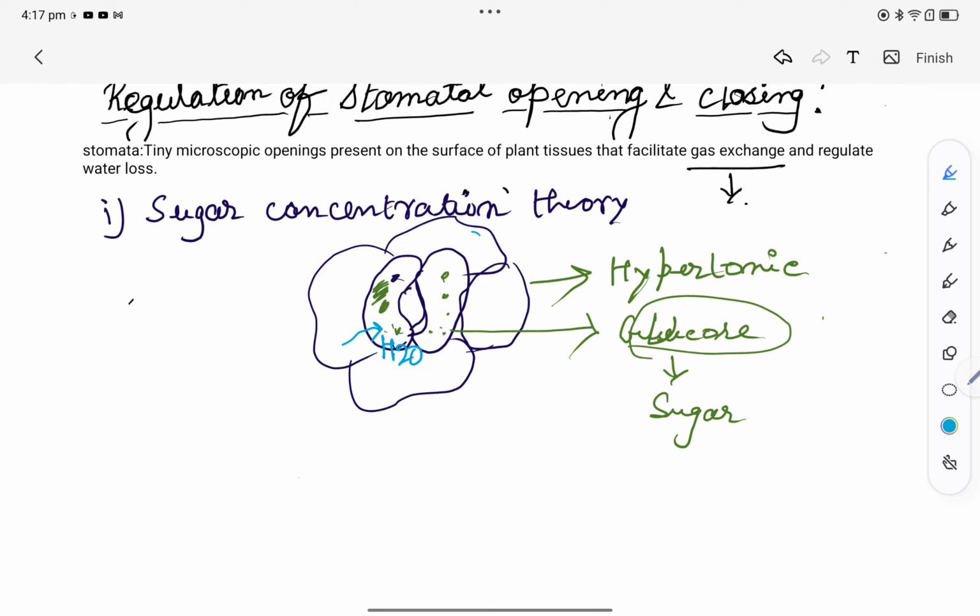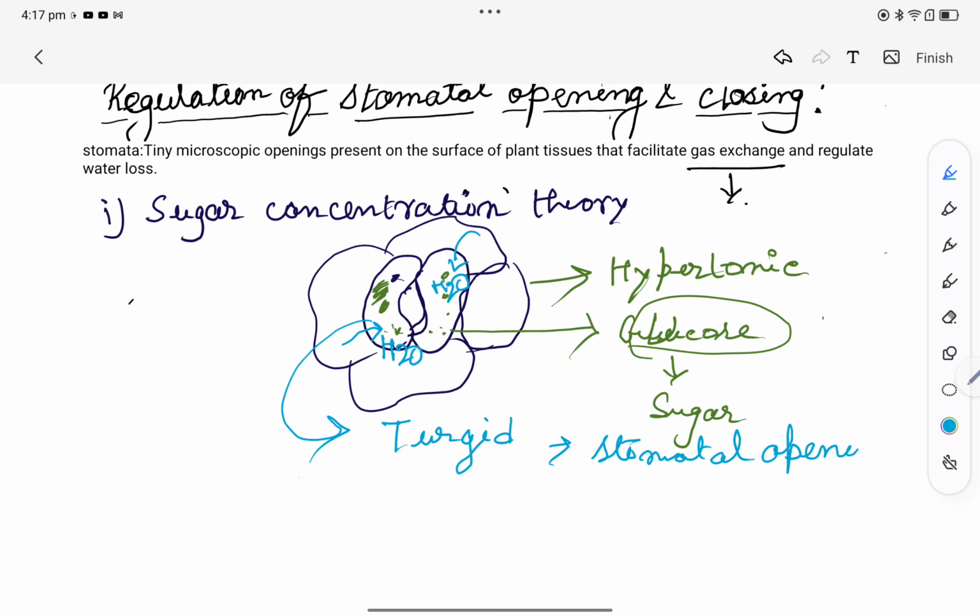As a result, these two guard cells will become turgid, and it will result in stomatal opening. This was the first theory, the sugar concentration theory.